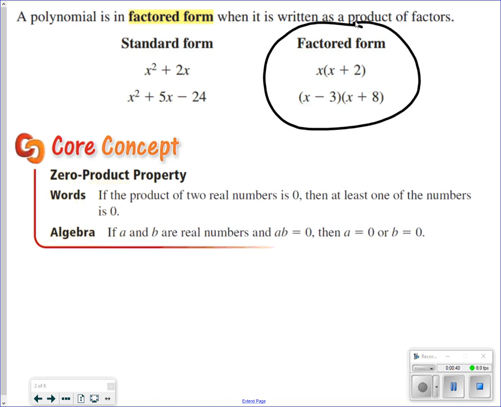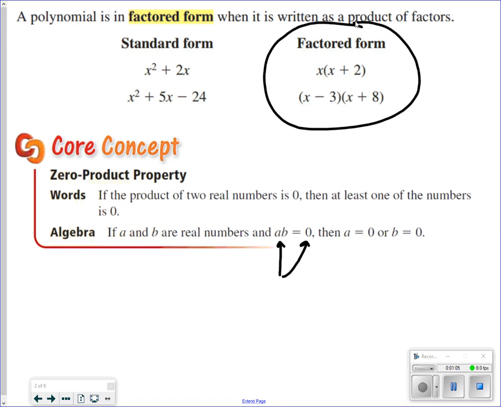In the first one, x is a factor and x plus 2 is a factor. In the second one, x minus 3 is a factor and x plus 8 is a factor. Where this comes into play is what's called the zero product property. It states that if I have two items, A and B, and they equal 0, there are two caveats: you have two things being multiplied together, and you can have more than two things being multiplied, and the product has to equal 0.